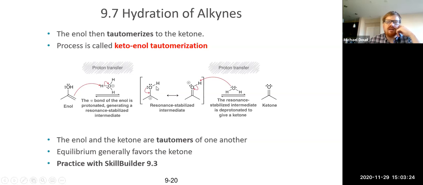Once this is protonated, then you can form the carbocation, and then the carbocation can undergo an elimination reaction, and you get your enol. So either of those are possible. However, the ketone is more stable, so generally speaking, you're going to end up with the ketone here. That's just the final product of this reaction.